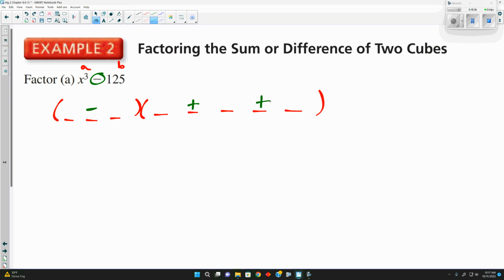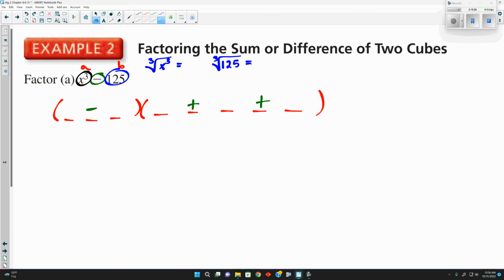Now the rest of what we plug in is going to be dealing with a and b. To find a and b, we're going to take the cube root of these two terms. We're going to take the cube root of x to the third and the cube root of 125 to get the values of a and b. We can't plug the cube root of x to the third into the calculator because both of the calculators that we have don't take the cube root of a variable, unfortunately.